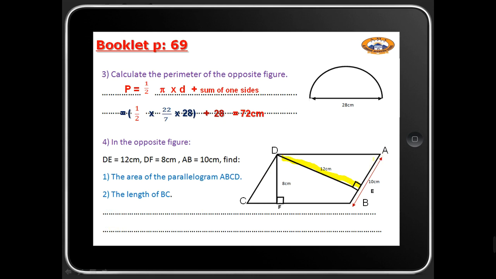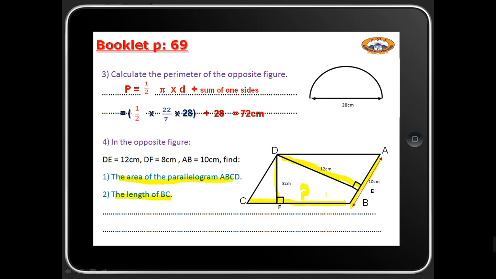AB is a base equal 10 centimeter, and he gave me also another height, DF, and he asks me to get the area of the parallelogram and the length of the BC. BC here is the base of this. This is what he wants me to calculate.